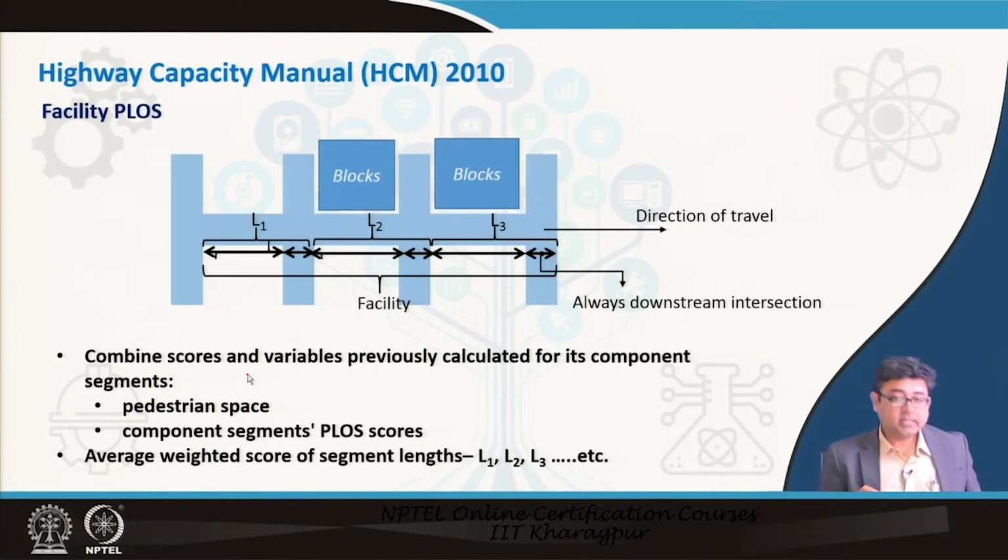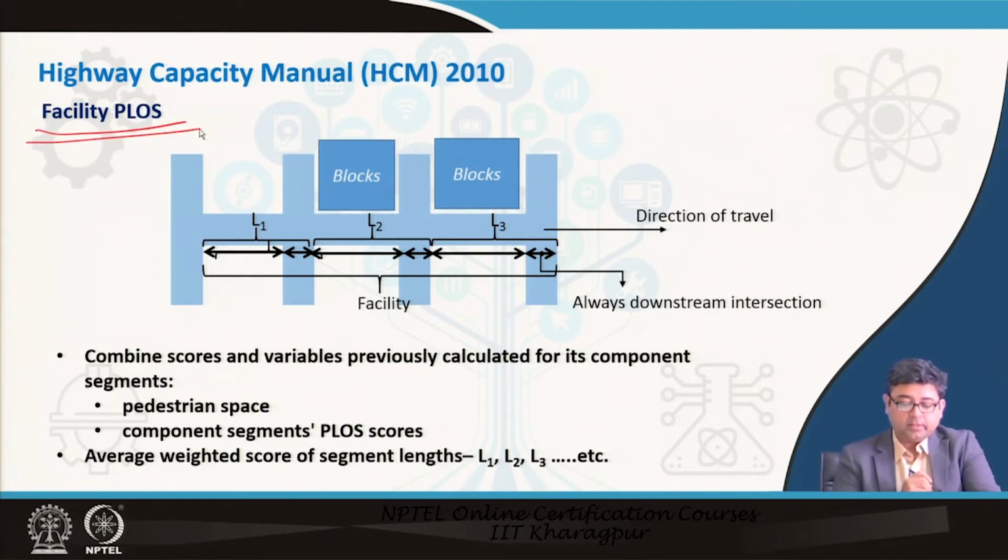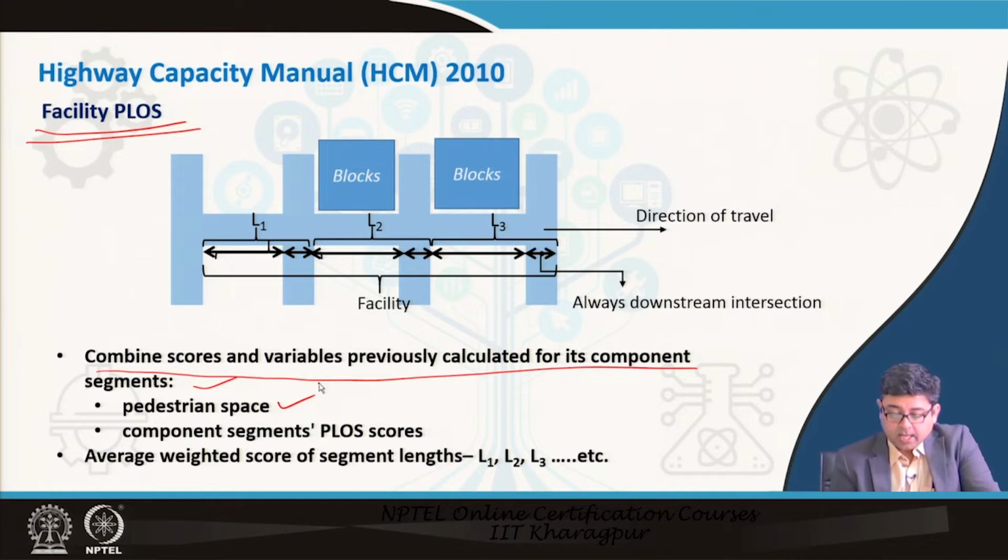So, once you know that, now you have calculated the pedestrian level of service score for an intersection, a link, and now you have calculated for the segment as well. Once you know all of these, then you have to calculate the pedestrian level of service score for the facility. Now, this combines the scores previously calculated for each of its components for the pedestrian space available and all of these components' pedestrian scores.